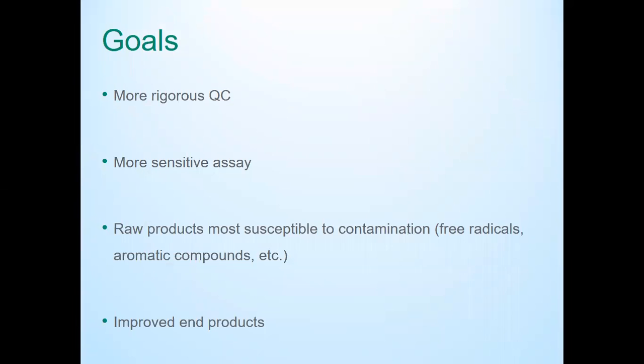Our goal is to have a more rigorous QC method, a more sensitive assay for raw products most susceptible to contamination. And we want to improve the end products with a more sensitive and effective QC method. By inserting a single gene, we want to raise the level of QC across the whole field to provide a safe and stable environment for embryo culture.